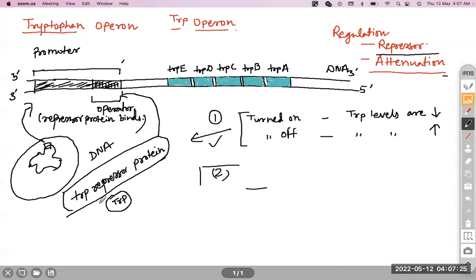So when tryptophan is around, it can attach to the repressor molecules and changes their shape so they become active. TRP, upon binding with tryptophan, tryptophan repressor becomes active. Its shape changes and it becomes active, and then it can bind to the DNA. Okay.